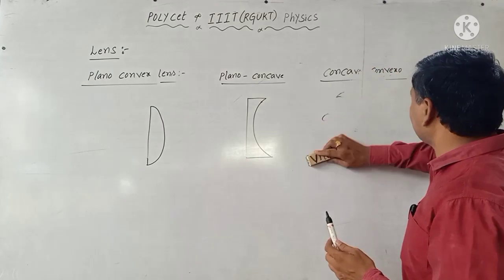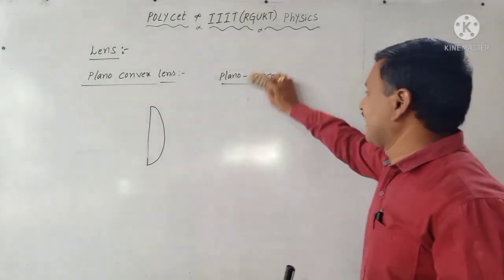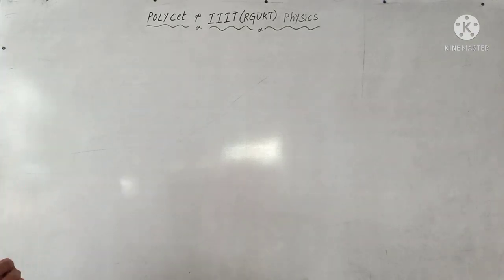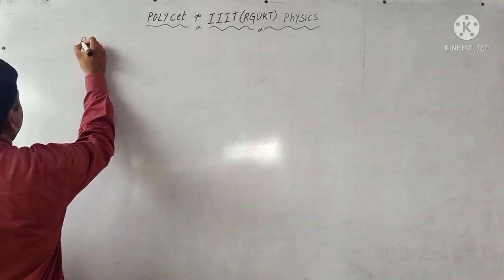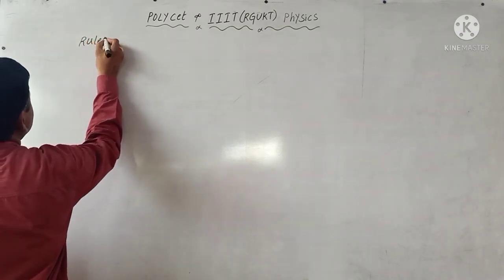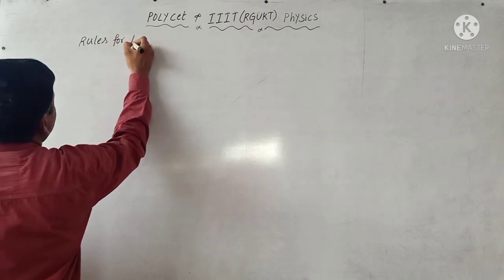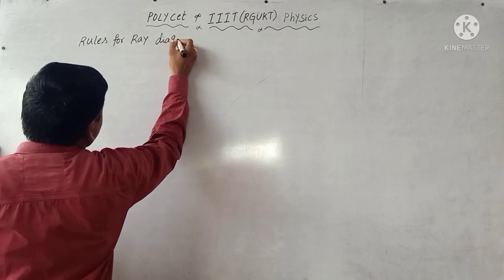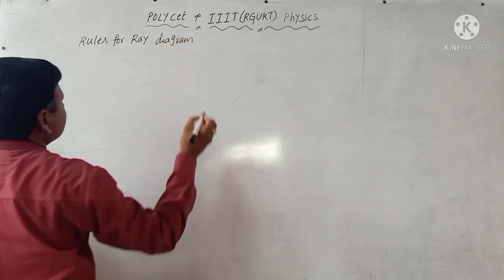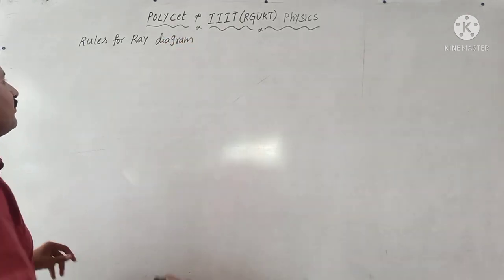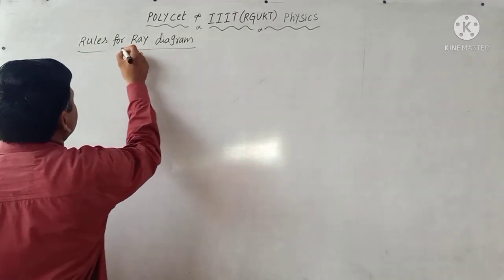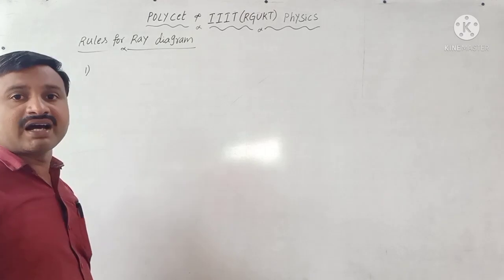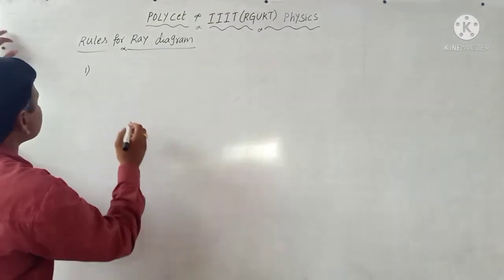Next we discuss the rules for ray diagrams using convex and concave lenses. Rules for ray diagram. So the first situation, rule 1. What is situation 1?